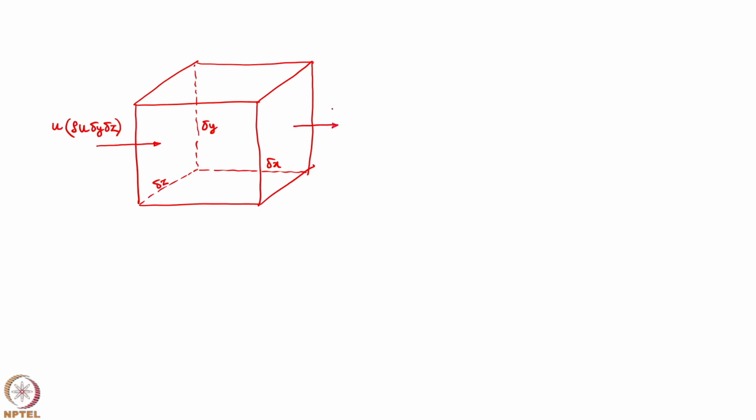Again, by Taylor series expansion, you have u into rho u delta y delta z plus del of rho u squared by del x into delta x delta y delta z. That is by Taylor series expansion, the way we wrote earlier.